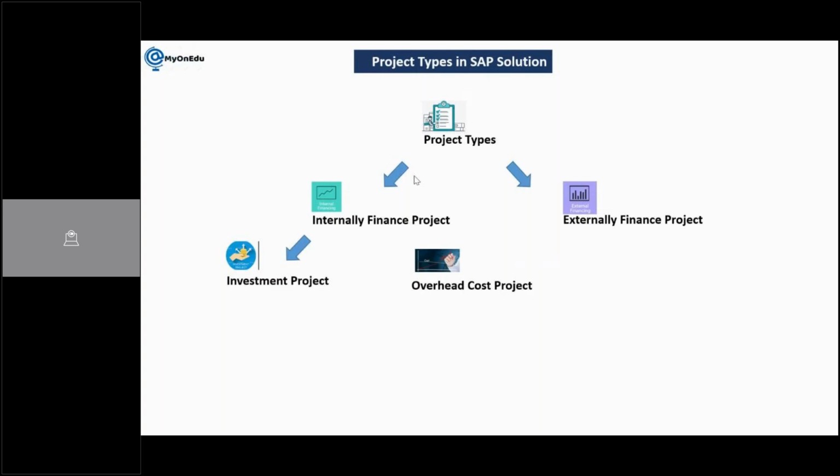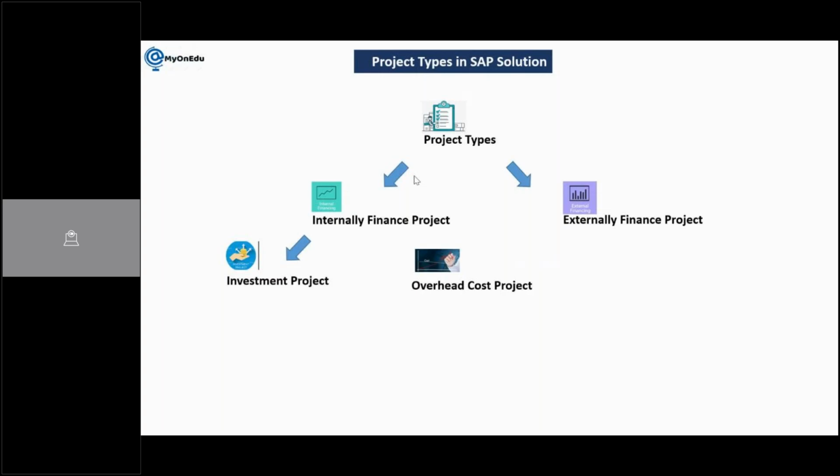You have one team, and you put some amount, say 1 million or 2 million USD, into R&D, and all that amount is gone. This is just cost, which needs to be incurred in your financial statement. That kind of project we call an overhead cost project.